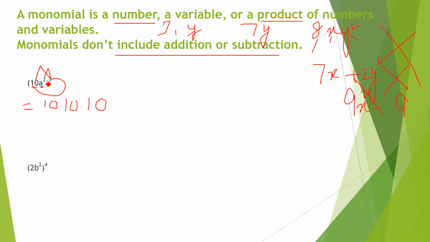Now it does not mean that you have to write down 2 three times. It means a, 2 times 3 is 6, you have to multiply the powers. So now 10 times 10 is 100, 100 times 10 is 1000. So the answer is 1000a⁶. This is your answer. So this is the power of monomials.